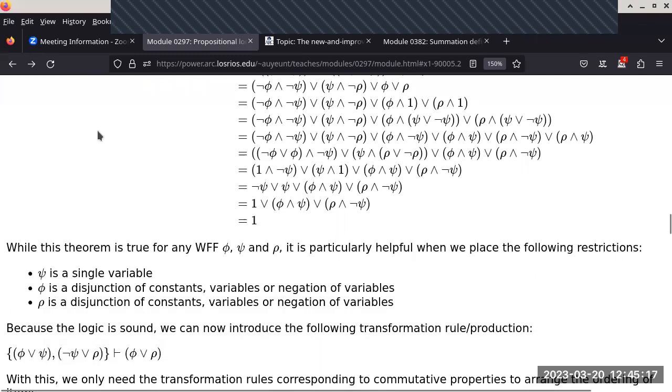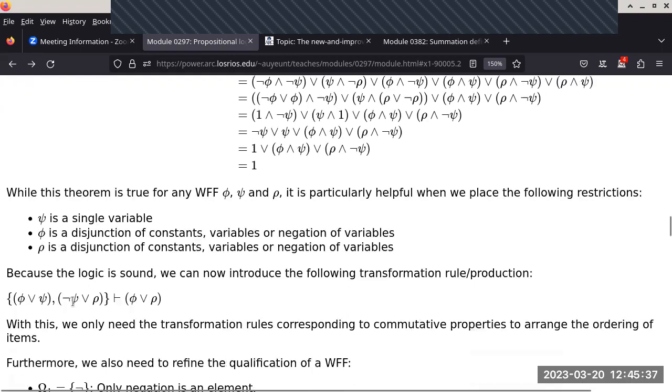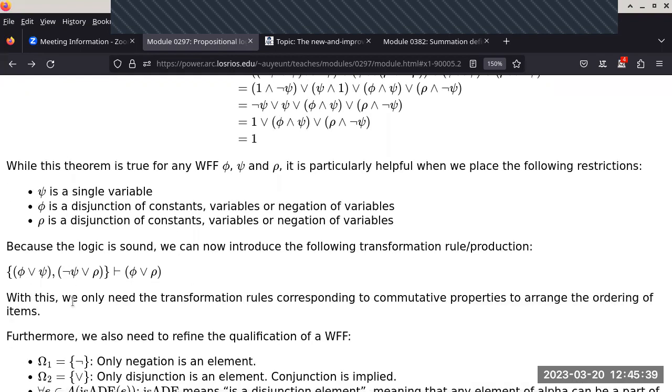So when we apply this theorem in terms of deriving the truthfulness of a proposition, we want to say, what if psi is a single variable, and phi is a disjunction of constants, variables, or negation of variables, and same thing with rho? When that happens, we have a mechanism to prove theorems in a way where the haystack is no longer infinitely large.